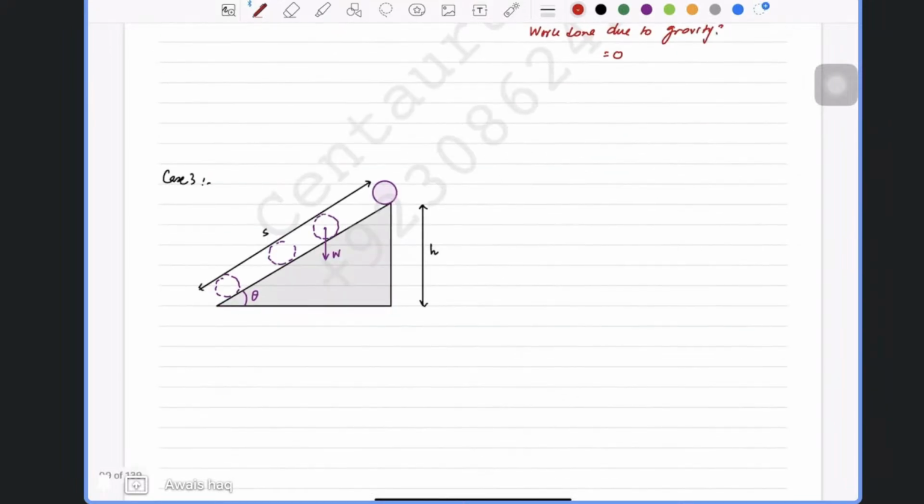Similarly here, if there's a slope question and you want to know the work done, there are two ways. One way is that it goes from here till here, so work done would be W times H, because this force and this distance are parallel. Do you guys understand what I'm saying?